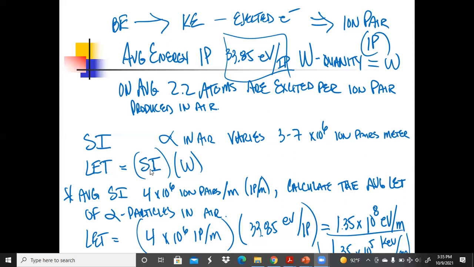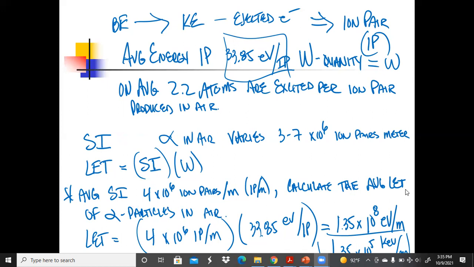So we're going to have a specific ionization that goes along with that, times the quantity of the pairs that are produced. So the average specific ionization is going to be somewhere here in the middle, about 4.4 times 10 to the 6th ion pairs per meter.